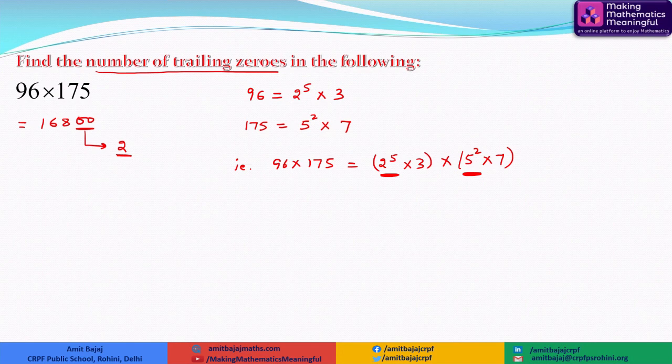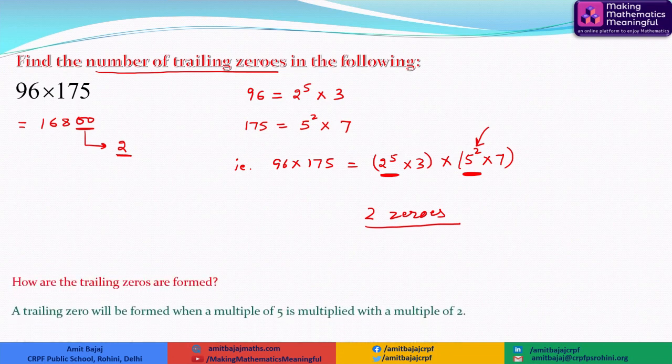Now out of these two, we observe that 2 is coming 5 times and 5 is coming only 2 times. Since 5 is coming fewer times, the zeros will be contributed by these two 5's, which means the product will consist of two zeros at the end.